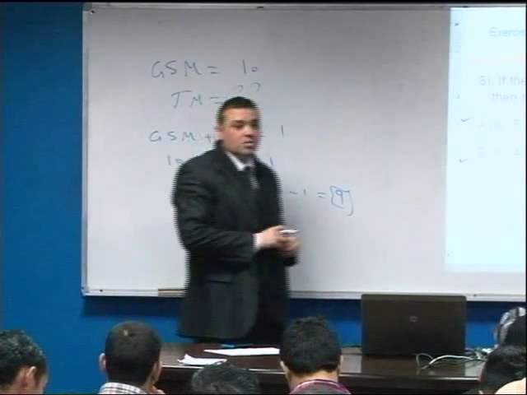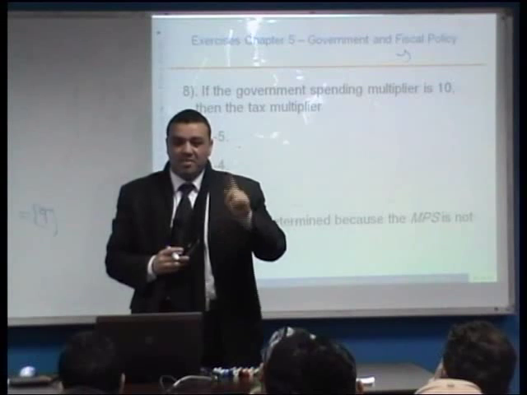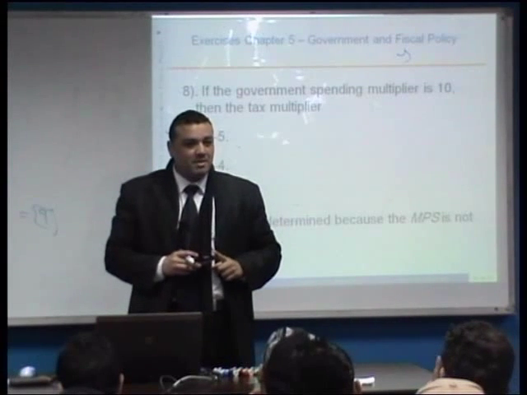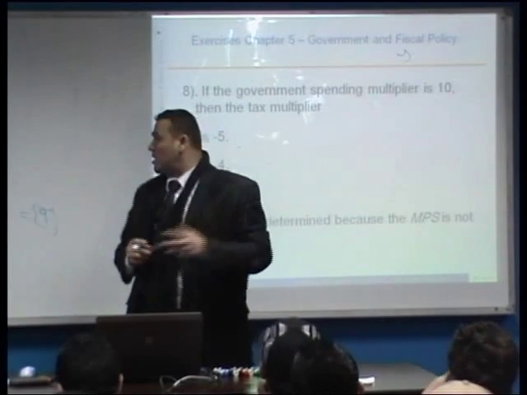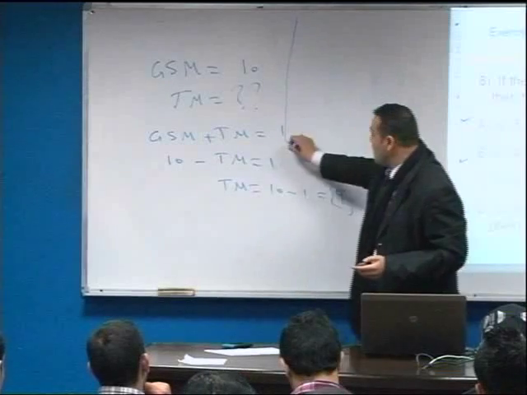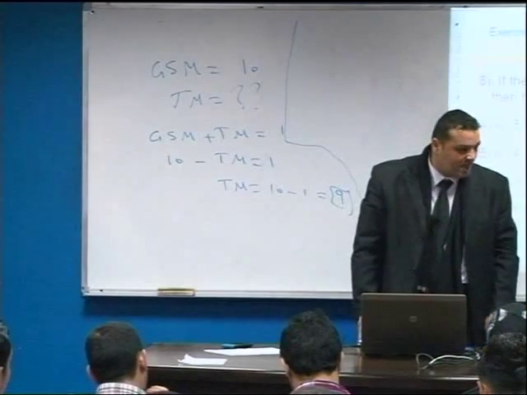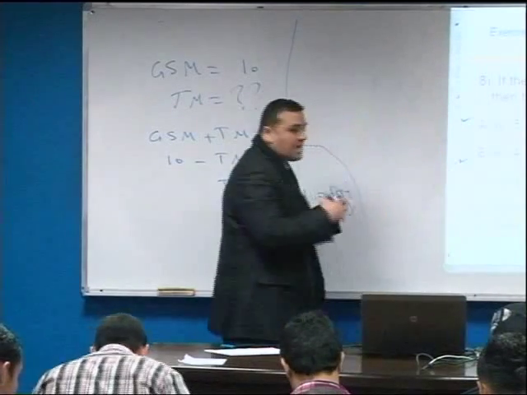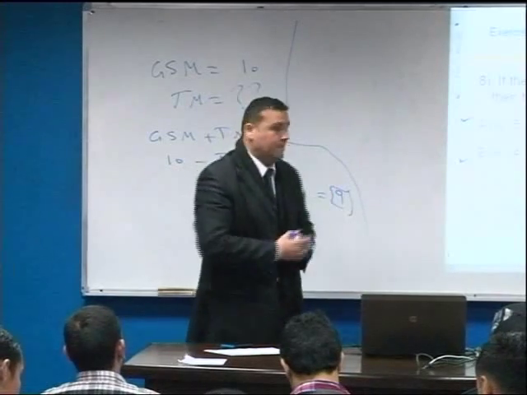Or we can use another way. Is it easy to derive the MPC and then derive the tax multiplier? Another way to answer this question. Exactly. We have to derive the MPC and then the tax multiplier, right? So let's use another method to answer this question.